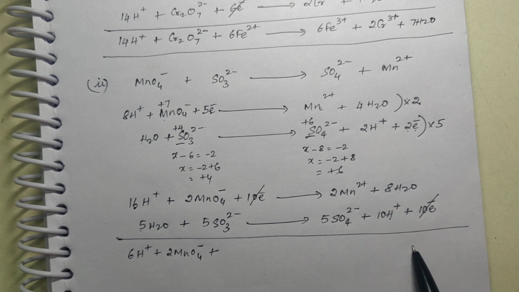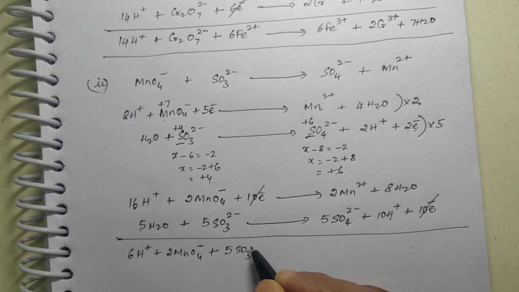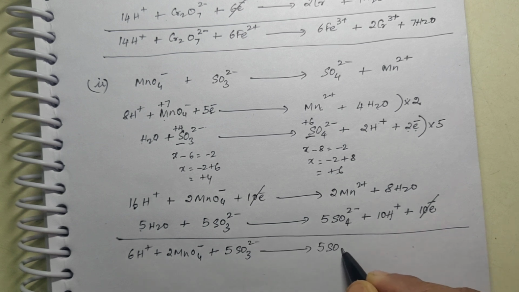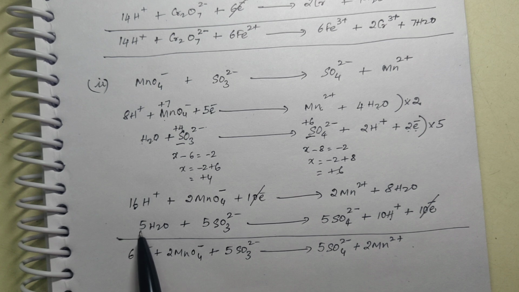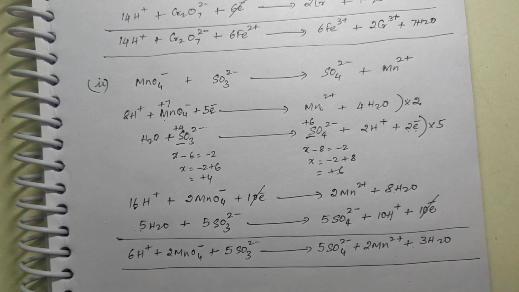So 3 water will come on the product side. So write 5SO3 2-, then 5SO4 2-. Nothing to eliminate here, plus 2Mn2+. 10H+ has been used, so 6H+ is left here. Now this is 8, this is 5, so you are left with 3 water. That ends the atoms. This is your final equation. Got it?